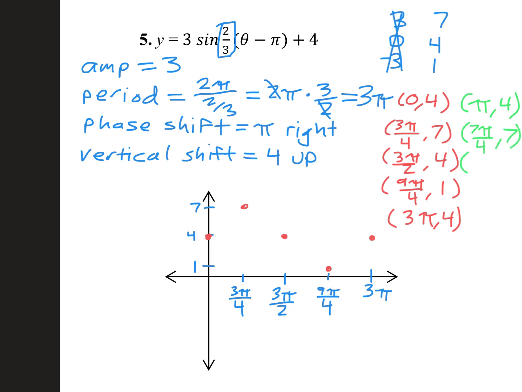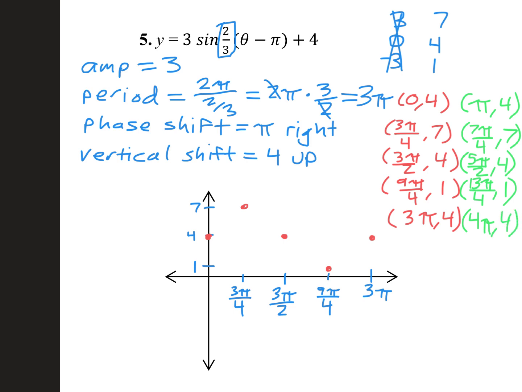This one's going to, I'm going to add 4 pi over 4 to 3 pi over 2, which is 5 pi over 2. I'm going to add 4 pi over 4, so this is going to 13 pi over 4. And then I'm just going to add pi to this one. This is going to 4 pi, 4.